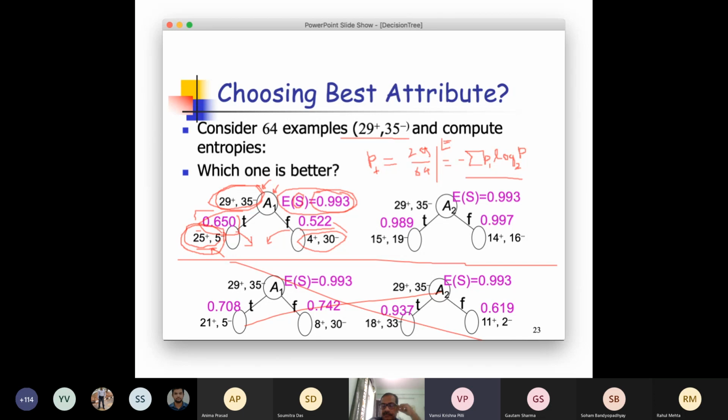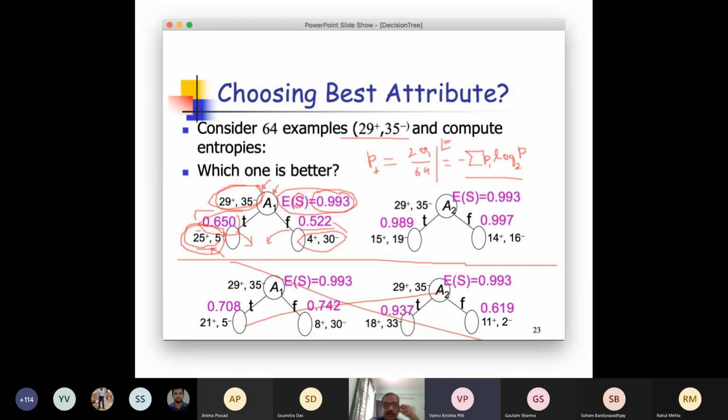If P plus is higher, why can't we make sure that is the perfect tree? Even in this entropy, if P plus or P minus is higher, then entropy. So why can't we stop there? If P plus is higher, then that is the best tree.